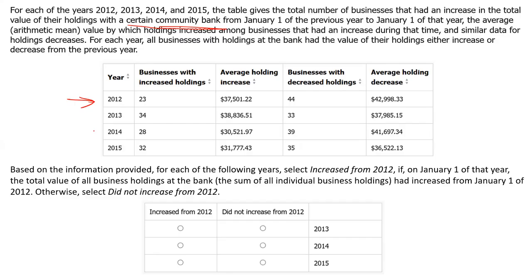In 2012, 23 businesses increased their holdings. Holdings means you can say the amount in that bank vis-a-vis January 1st of 2011.